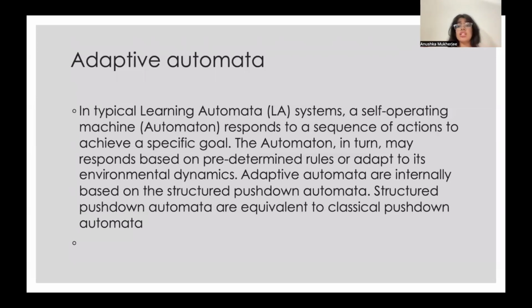The automata, in turn, may respond based on predetermined rules or adapt to its environmental dynamics. Adaptive automata are internally based on structured push-down automata. Structured push-down automata is pretty much the same as the classical push-down automata.